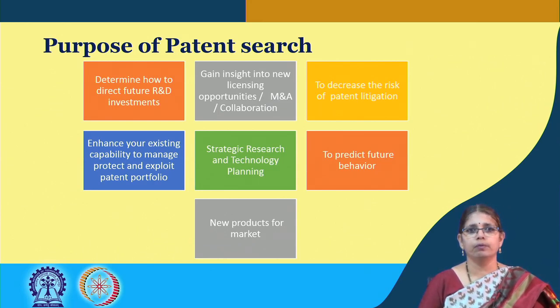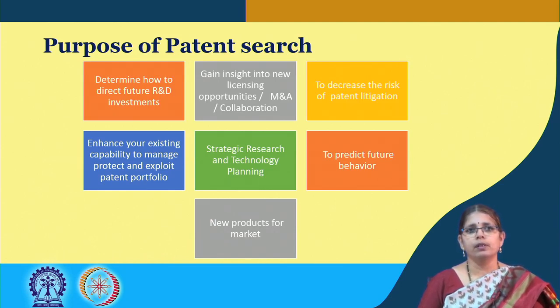Today we live in the era of what we call induced inventions, where inventions need to be made in the sense that we need to be continuously doing application oriented research and look at greater improvements and newer areas in terms of capture in patents. So, therefore, strategic research and technology planning is one important reason why patent search is undertaken.